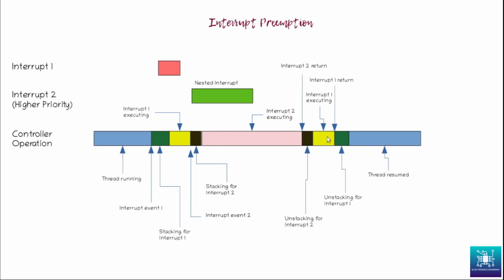Then interrupt 1 unstacking completes, and then the thread is resumed. So this is how interrupt preemption happens. And this, of course, has everything to do with the interrupt grouping and subgrouping that we saw previously.